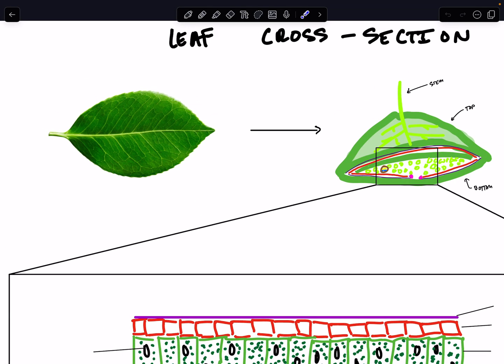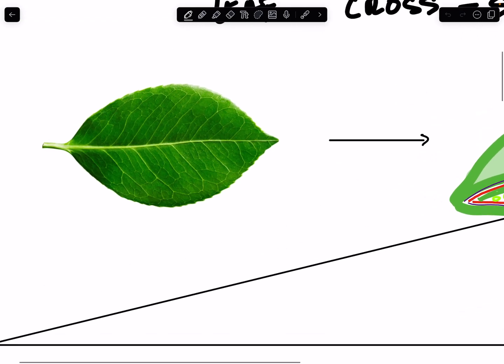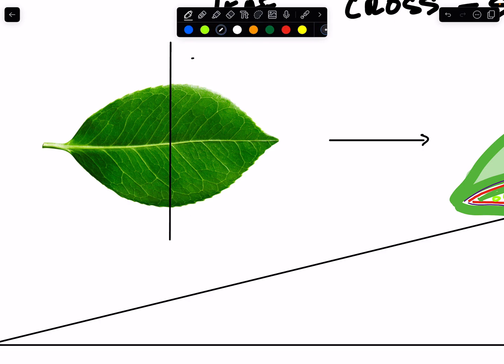Imagine you have a leaf, just your standard everyday leaf, and you cut it in half. So you take a razor blade and you slice. And then you take this part of the leaf and you just discard it. And you take the base of the leaf and you're going to rotate it.